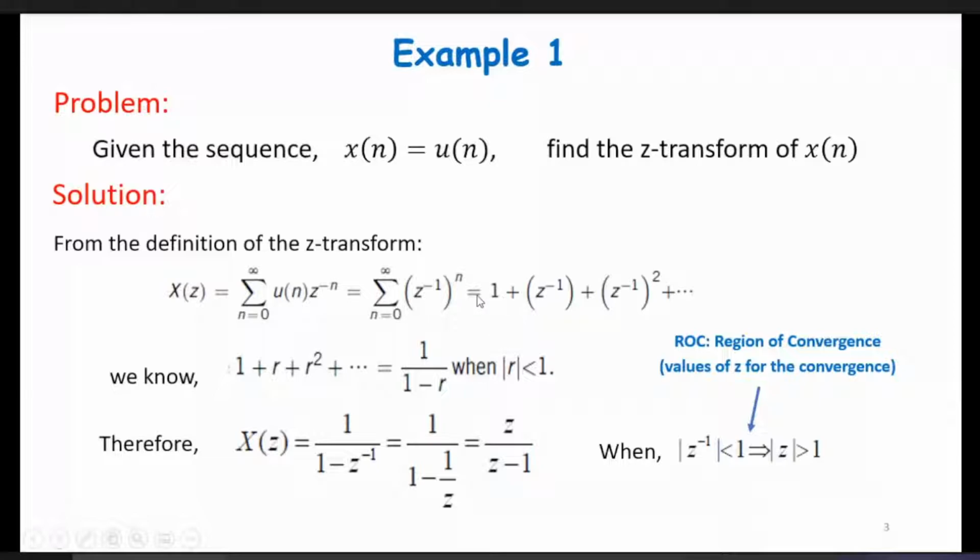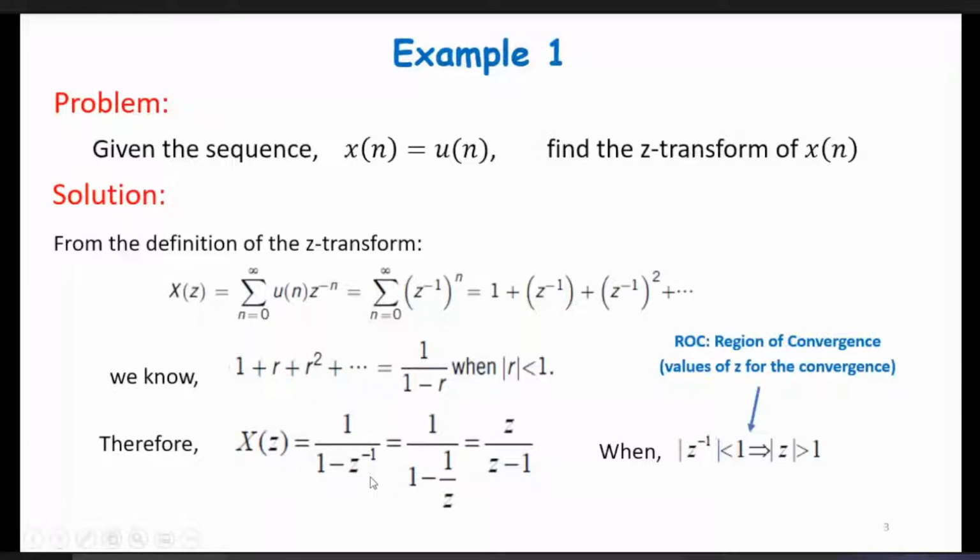In series we get 1 plus z inverse plus z inverse squared, and according to the formula of the series, X(z) can be written as 1 by 1 minus z inverse.